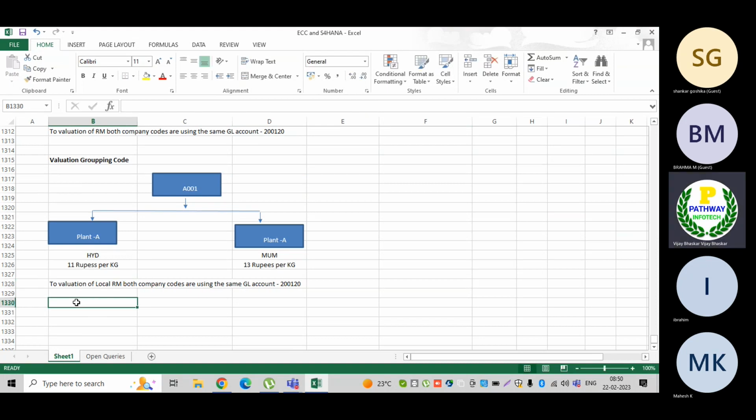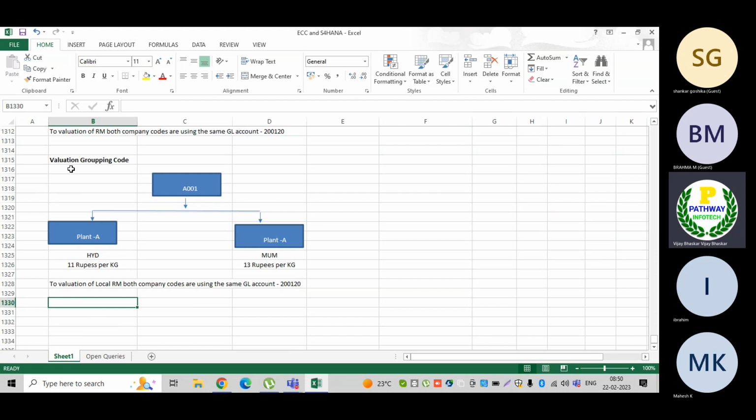I want to have one GL account. Even if the prices vary, whatever they may be, we want one GL account, meaning that all the transactions happening for the local purchases should be reflected in this GL account.